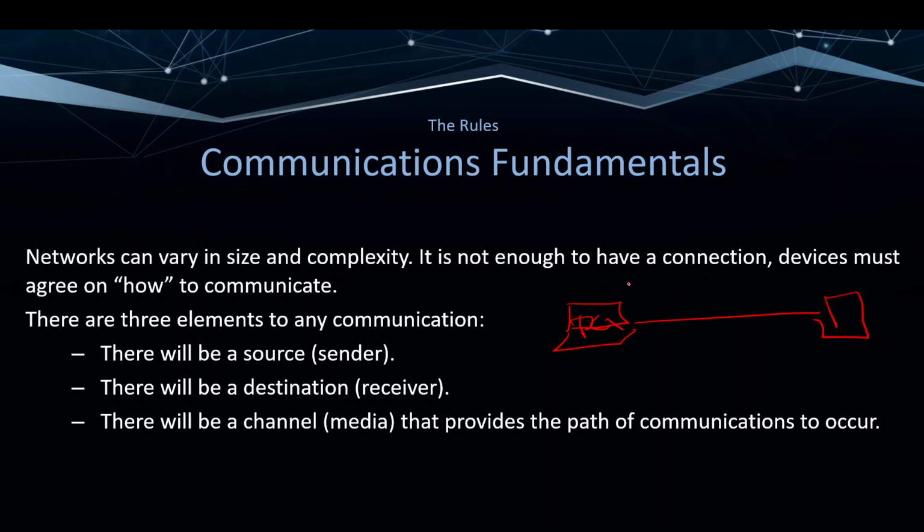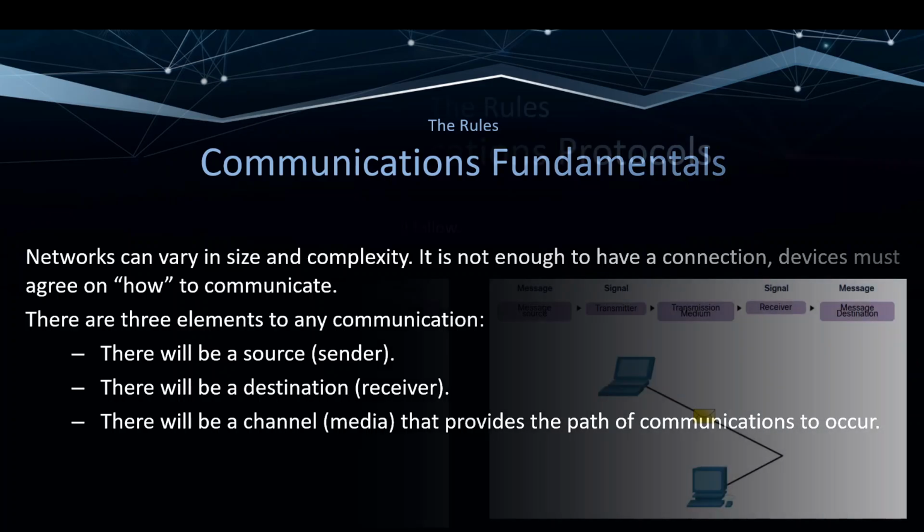So there must be a sender computer and a receiver computer. There must be also some channel or some media. So that's the Ethernet connection, fiber optic, wireless media, and so on and so forth.